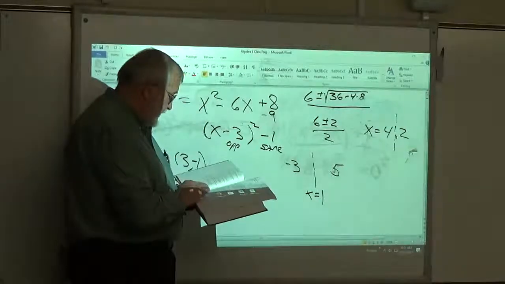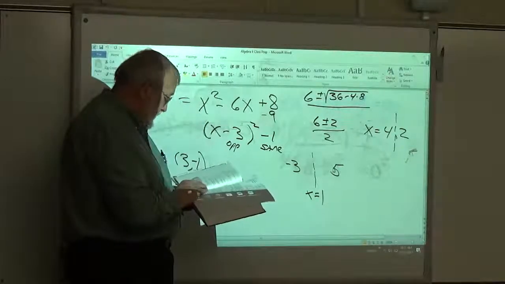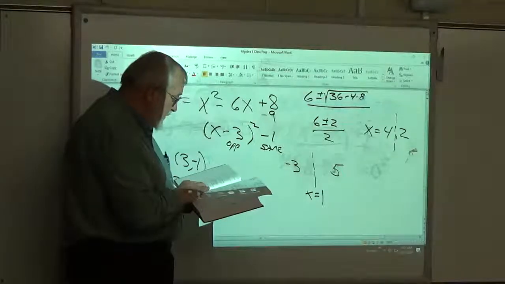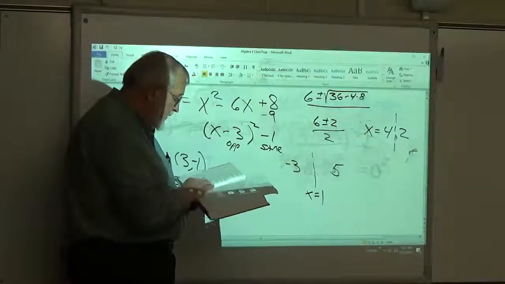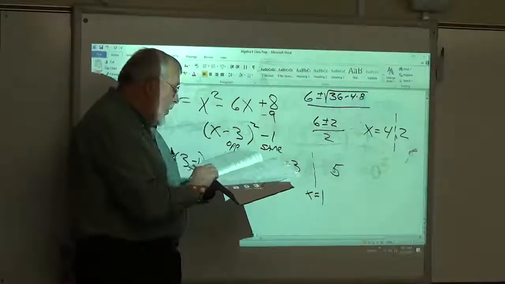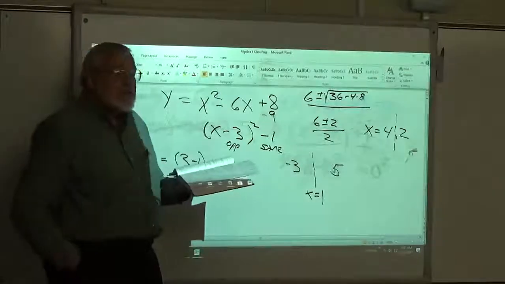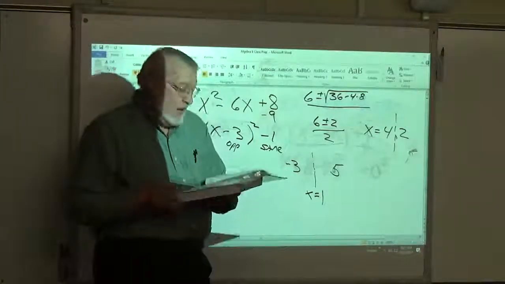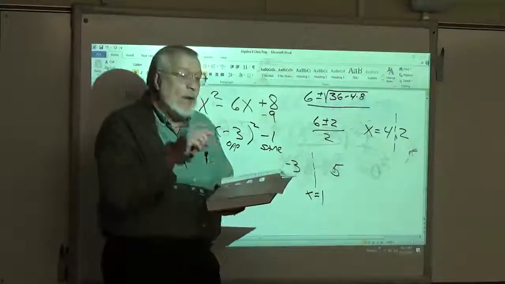Down when it shows the graph, it has that little thing pointing to the symmetry. Oh, okay, I see what he's saying. All right, symmetric point.